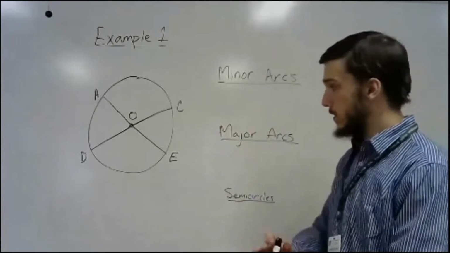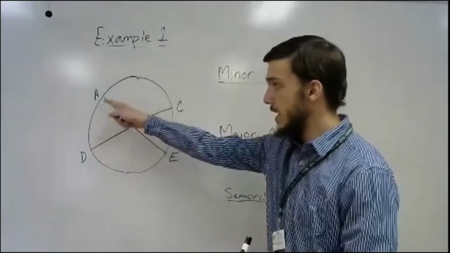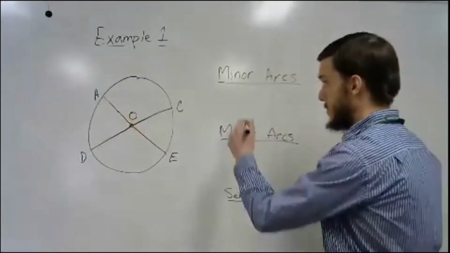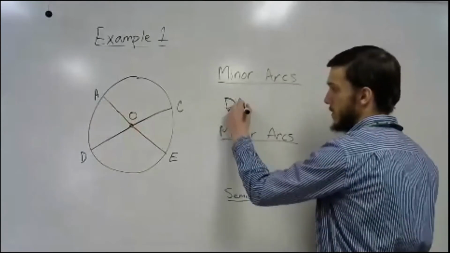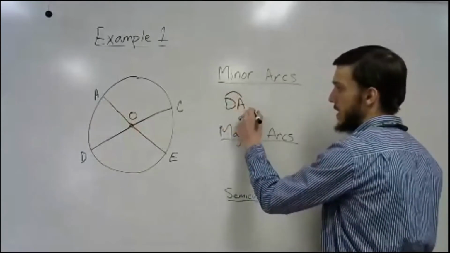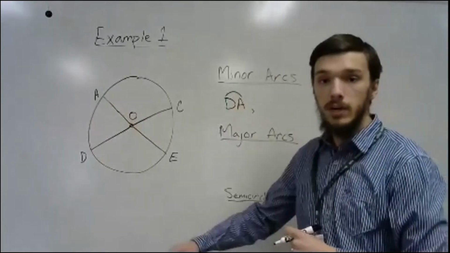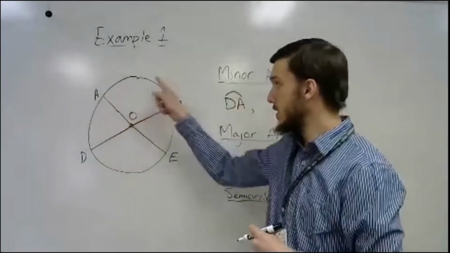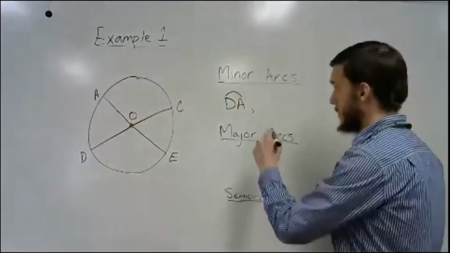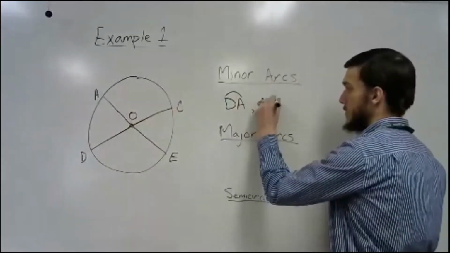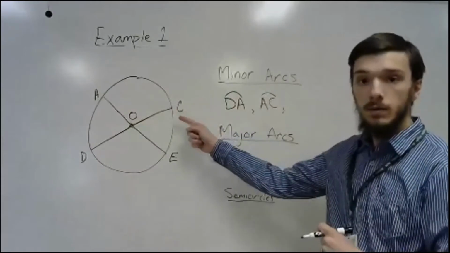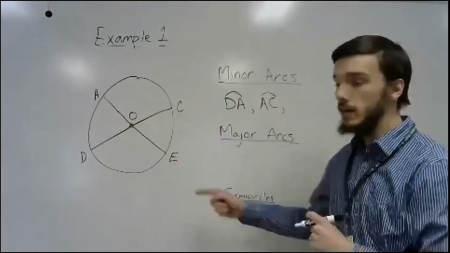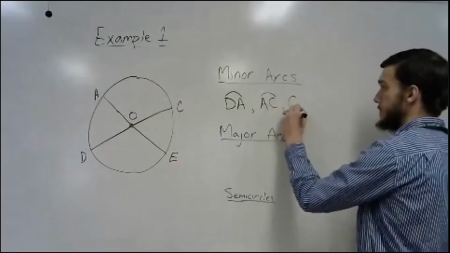So our first minor arc is going to be DA. That's the part of our circle that's smaller than a semicircle. We have DA. We also have AC. We also have CE.